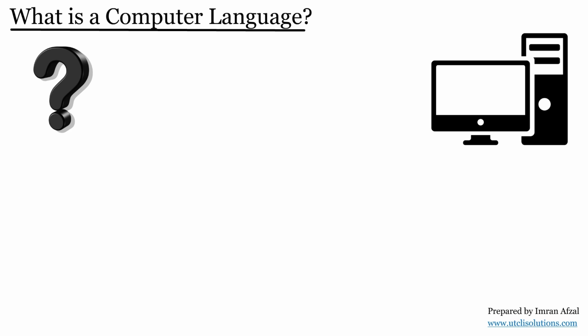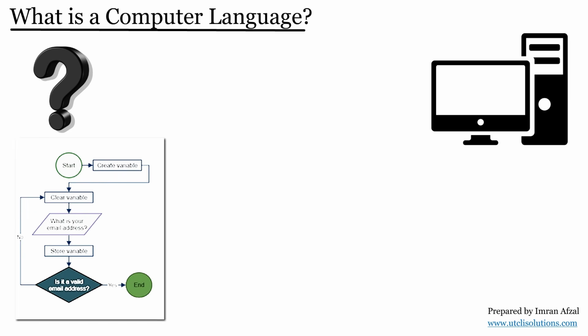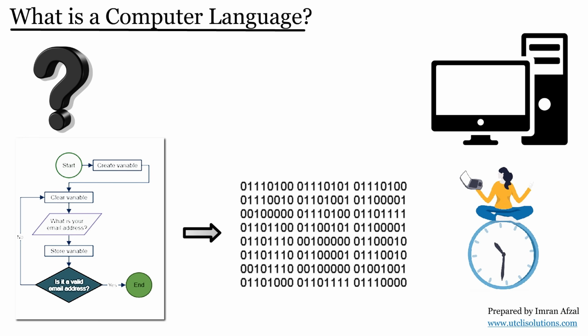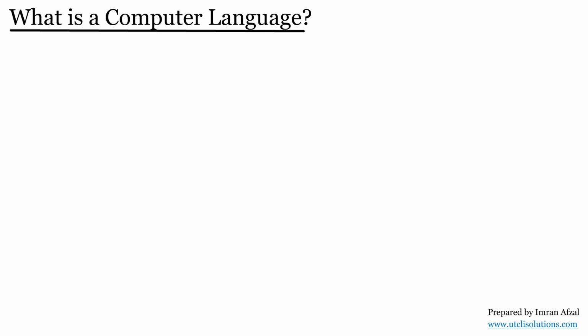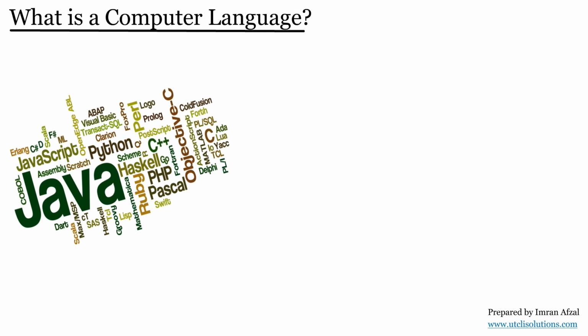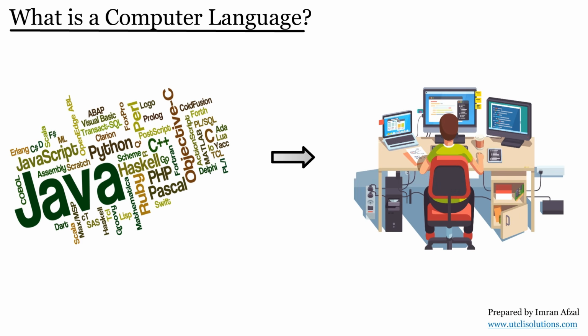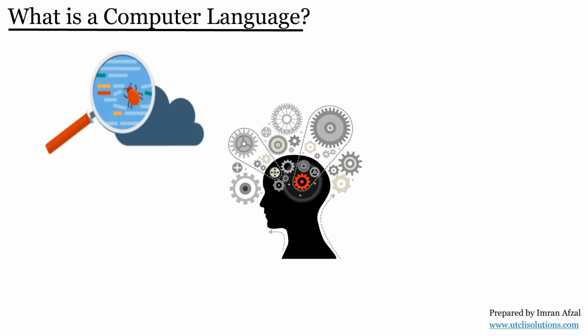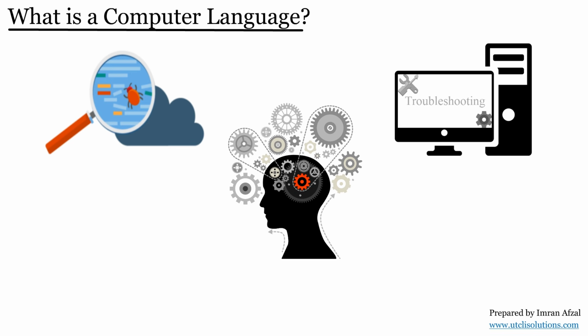It is indeed possible to write programming code directly in binary language, but it would be very tedious and time consuming. The reason we use these programming languages is that they enable us to write code in a manner that is more accessible for humans to understand, debug, and of course troubleshoot in case there is an issue.